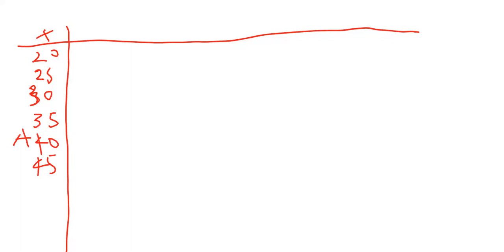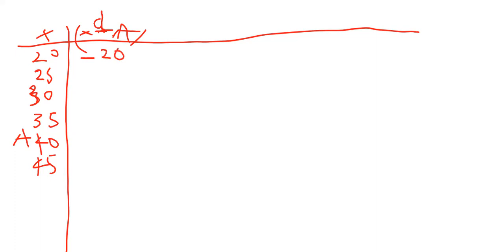So we have deviation, X minus assumed mean. Our assumed mean is 40. So 20 minus 40 is minus 20.